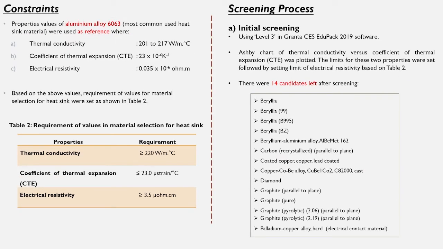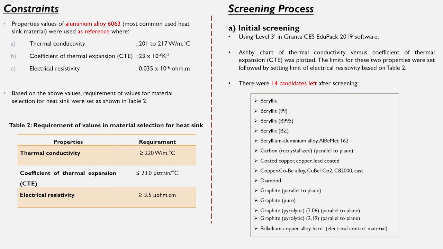The three properties determined in translation stage are the constraints for material selection. The value of these three properties were determined by referring to the property values of aluminum alloy 6063, the most commonly used heatsink material.